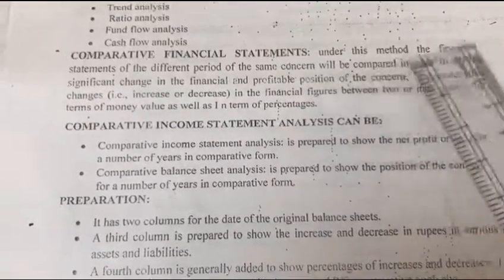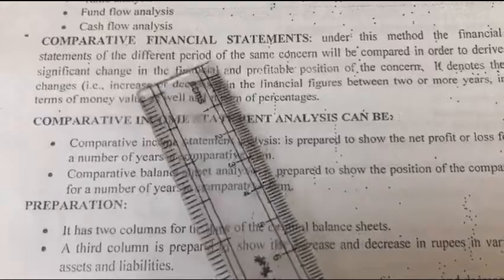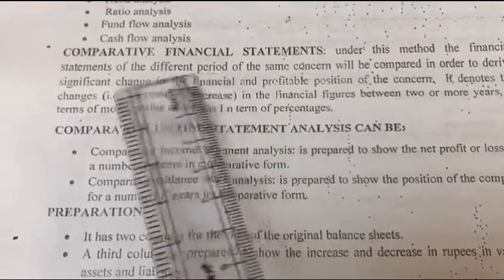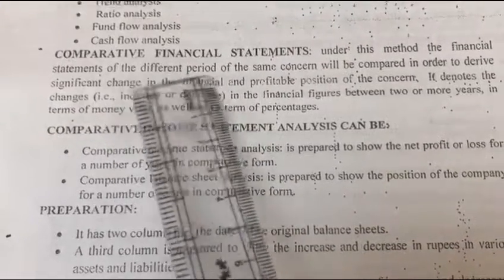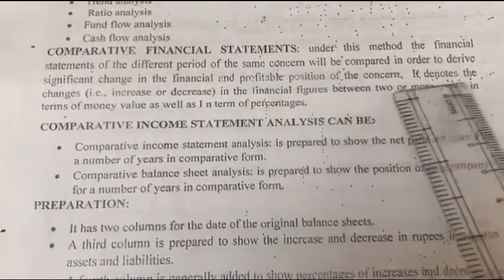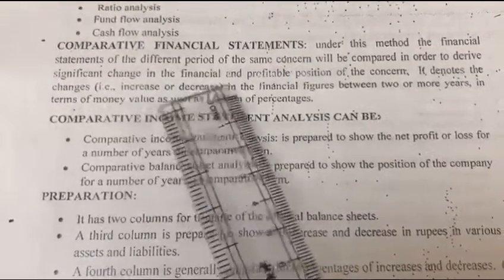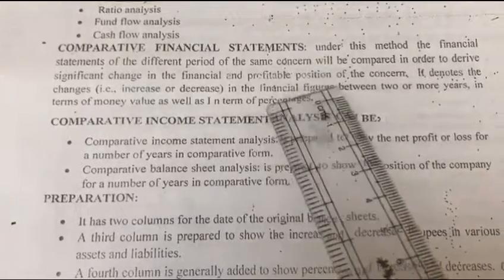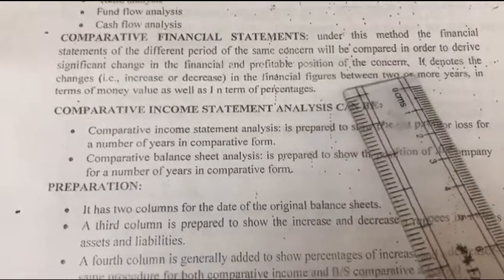So let us study what we mean by comparative financial statement analysis. Under this method, note down students, it is the analysis of the financial statements of different periods of the same concern in order to derive the significant change in the financial and profitable position of the concern.